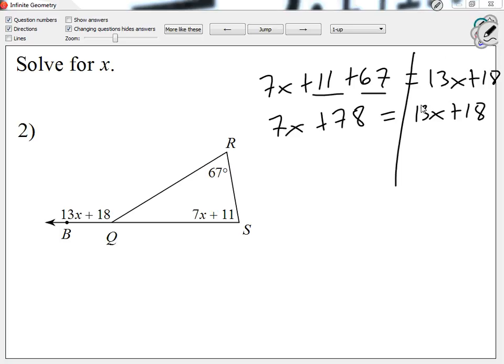Alright, letters on one side. So my 13x from the right, let me move it to the left as a negative 13x. Switch sides. My 78 from the left, let me move it as a negative 78 on the right. Letters on one side, numbers on the other. On the left, how much is 7x minus 13x?